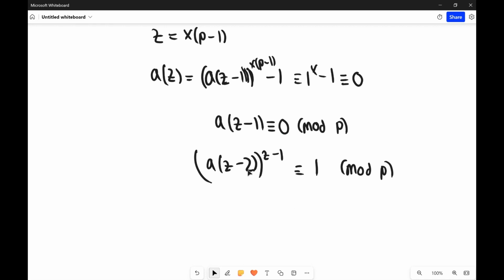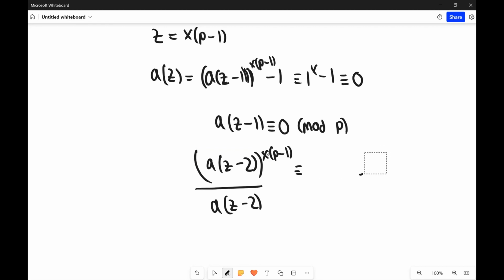If a of z minus 2 is equivalent to 0 modulo p, then this entire thing becomes 0, and we do not want that. Therefore, assume that a of z minus 2 is not divisible by p, so we can yet again apply Fermat's little theorem. If we move this 1 to the denominator, then this numerator here, by Fermat's little theorem, since it's x to the p minus 1, is just equivalent to 1.